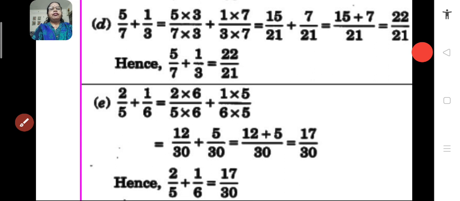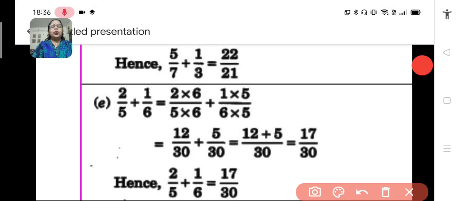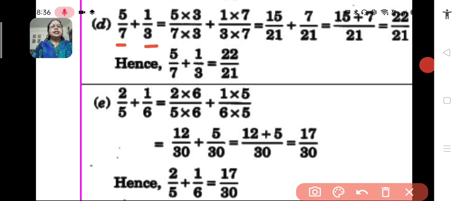Next problem, 5 upon 7 plus 1 upon 3. Here also the denominators 7 and 3 are co-prime numbers. So, their LCM will be their product. So, we will multiply this fraction by 3 and this fraction by 7. So, we have done this and what do we get?